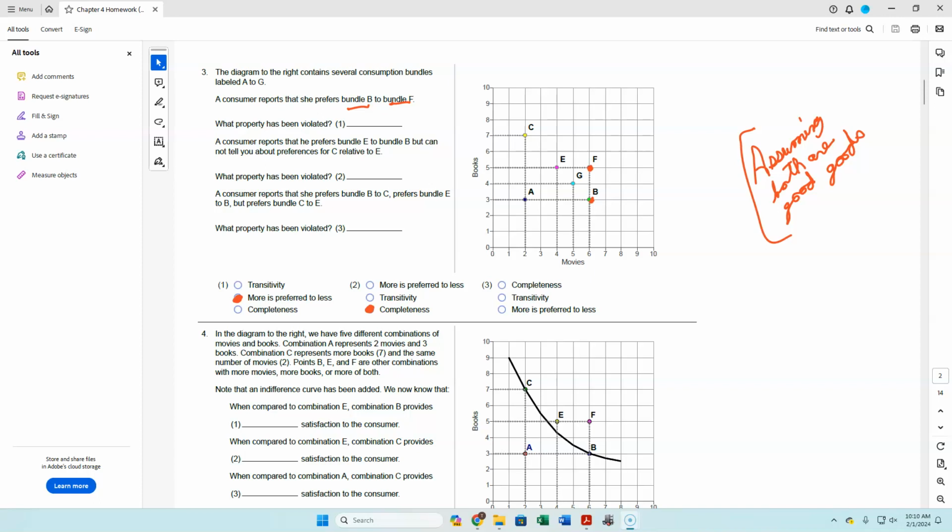If they prefer B to C and they prefer E to B, then that would imply that E is better than B, which is also better than C. But here we're saying we prefer C to E, which can't be true. So our preferences are not logical. In other words, this has to do with transitivity.